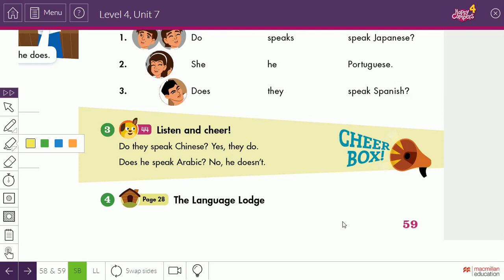For example, do they speak Chinese? Yes, they do. Does he speak Arabic? No, he doesn't. We saw affirmative and negative answers. We can change every subject pronoun here. Do you speak Chinese? Yes, I do. So we saw how to ask questions using do and does.